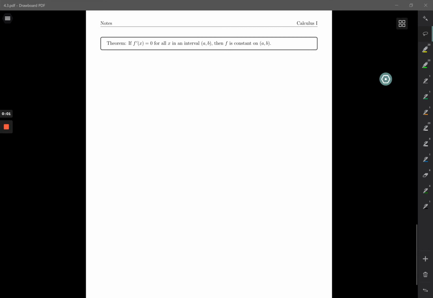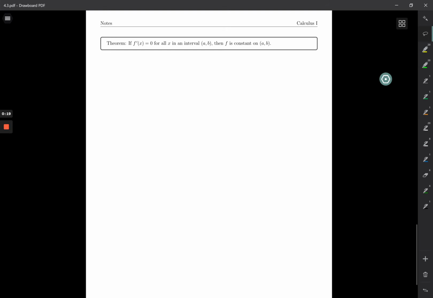Okay, so here we have a theorem. It says that if the derivative of a function f is equal to 0 for all points in an interval a to b, then f is constant on that interval.